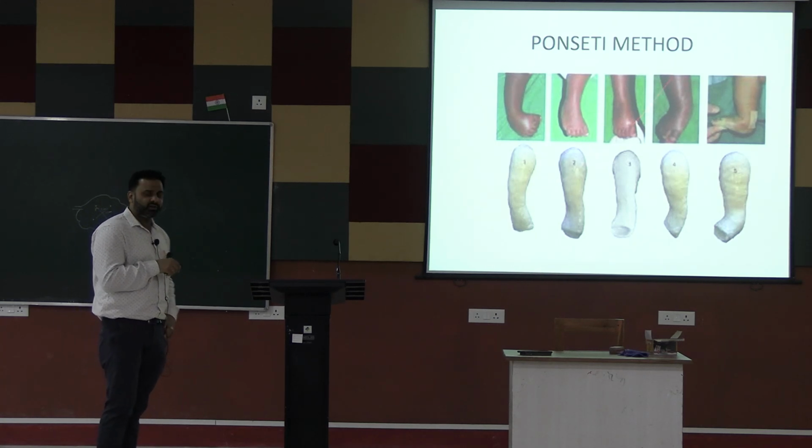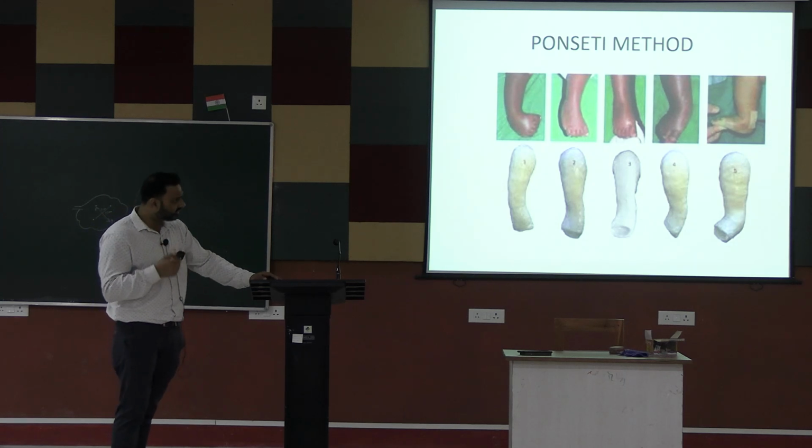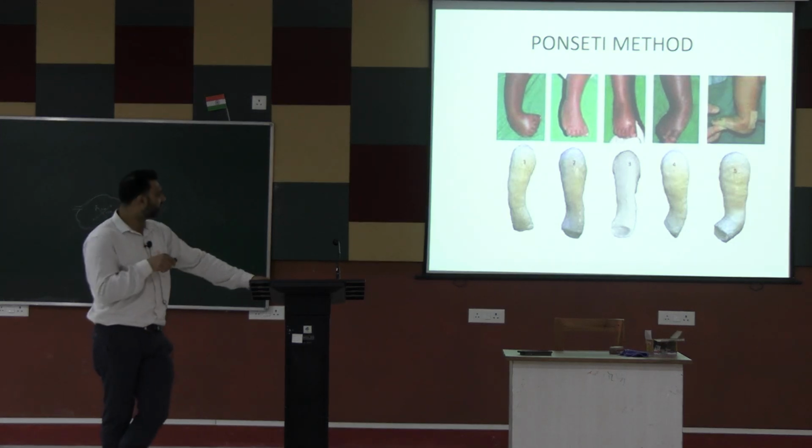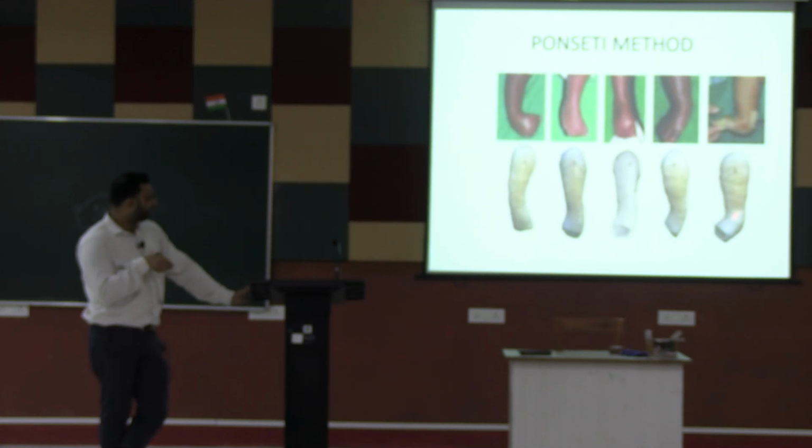Then after correcting the cavus and the drop of the first metatarsal head with the serial casting, we correct the adduction part of the foot. You can see this is the second cast, this is the third cast, this is the fourth, and this is the fifth cast. After the fifth cast, the foot goes like this in abduction.